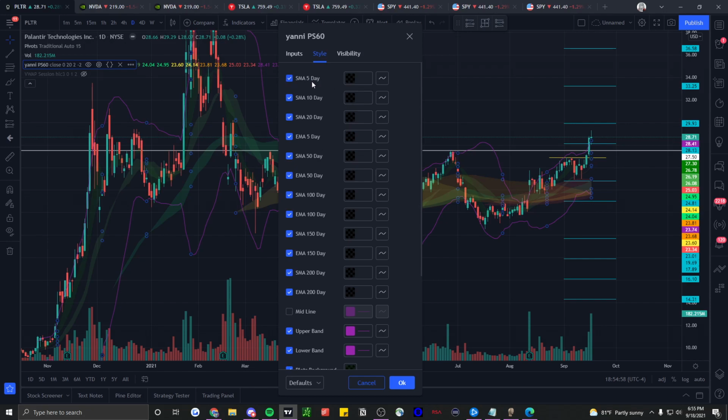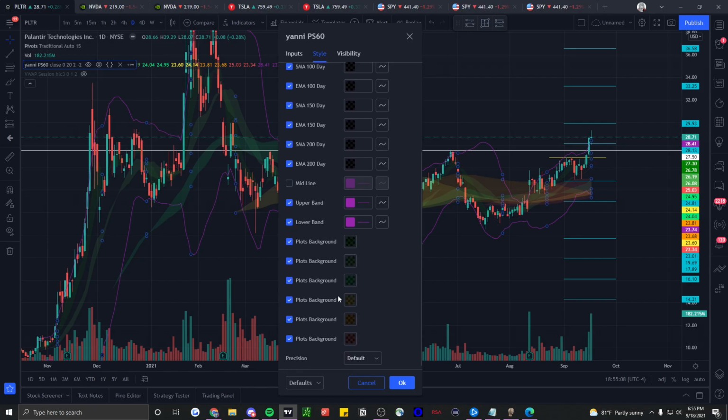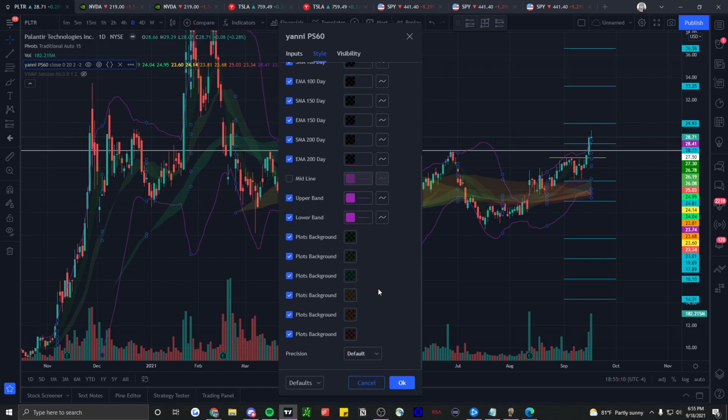And with PS60, we have many different types of moving averages, right? You have the 5-day moving average all the way down to the 200-day moving averages with a combination of simple moving averages and exponential moving averages. And the way that I structure my indicator is that the fastest indicators, meaning the 5 and 10-day, are bunched together with a light green background.